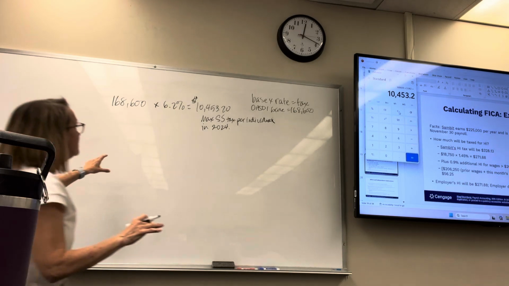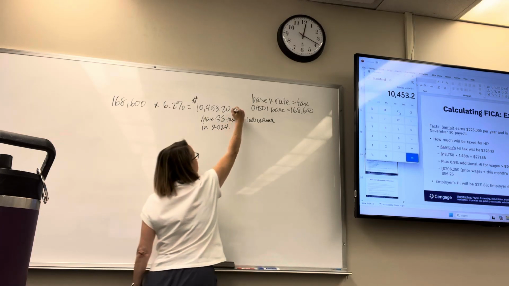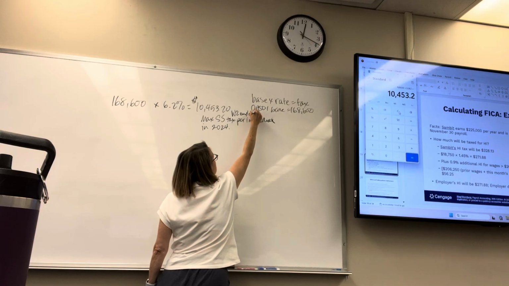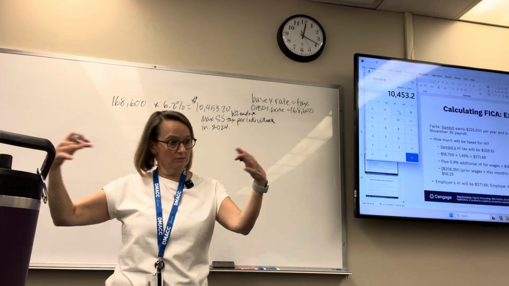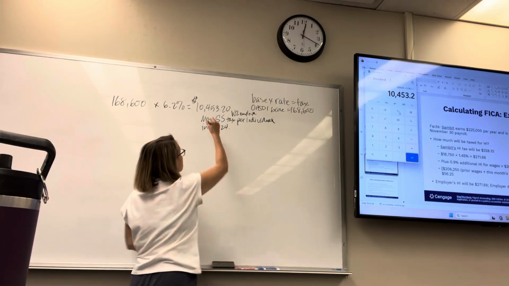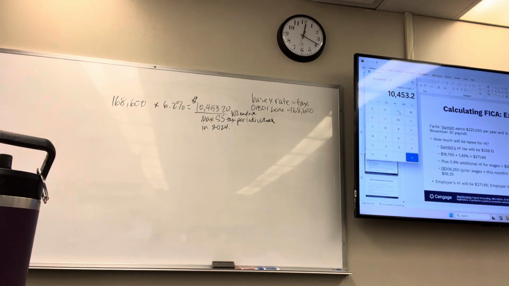Self-employment tax is separate. So this is the maximum Social Security tax for a W-2 employee, because you're only paying one half of it. The maximum that you will pay per year is $10,453.20 in 2024.